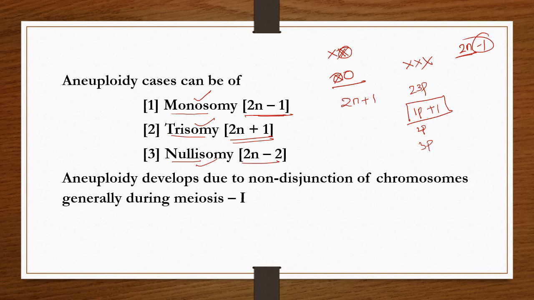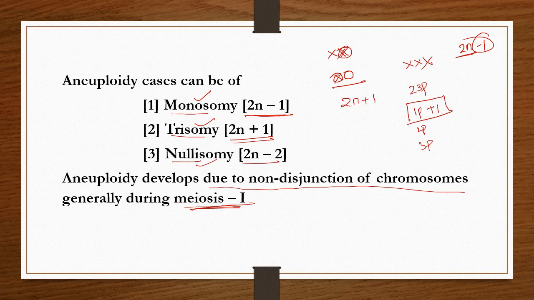Aneuploidy develops due to non-disjunction of chromosomes during meiosis 1. Meiosis occurs in gamete formation, in reproductive cells. In meiosis 1, crossing over of chromosomes takes place, and after crossing over they separate. That separation we call disjunction.